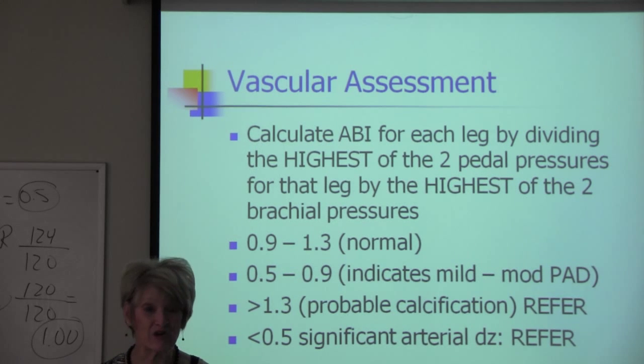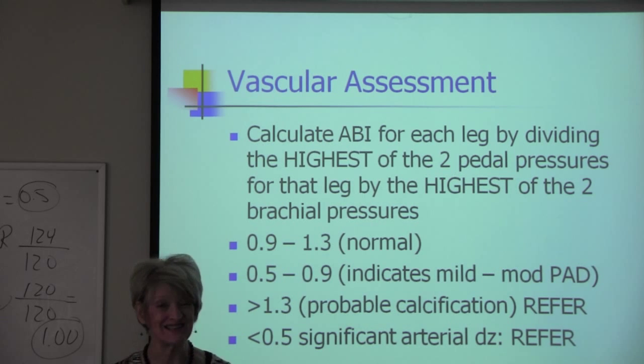What if it's higher than 1.3? It indicates that the vessels are probably calcified, that your ABI reading is not valid, and that they need to be referred to vascular for further workup. What if your ABI is less than 0.5? It means you have severe peripheral arterial disease, and that patient needs to be referred to vascular.